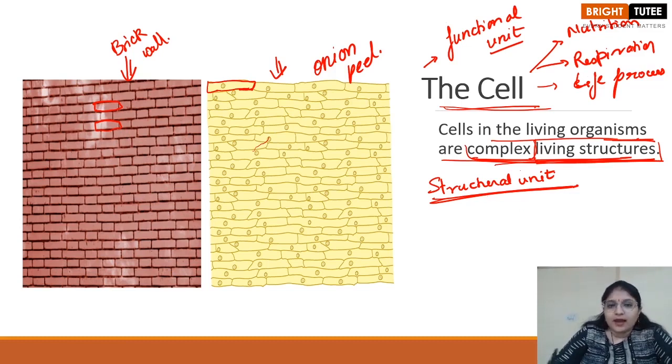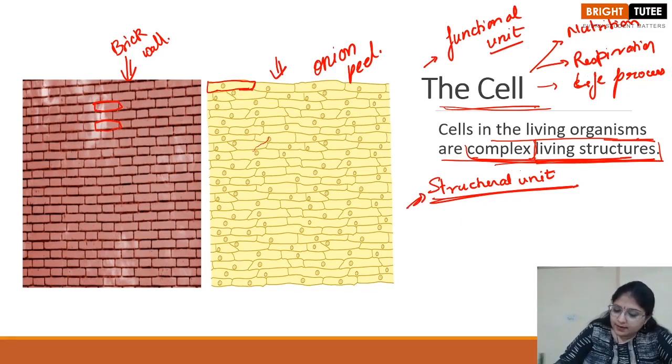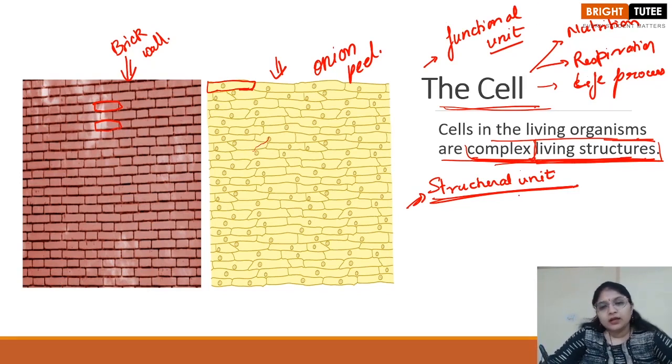So this is again justifying the structural unit that we call the cell. Now, like I said, it is a complex living structure, whereas on the other hand, brick we know is a non-living thing, right? So in this way we understand how the cell is the functional and the structural unit of life.